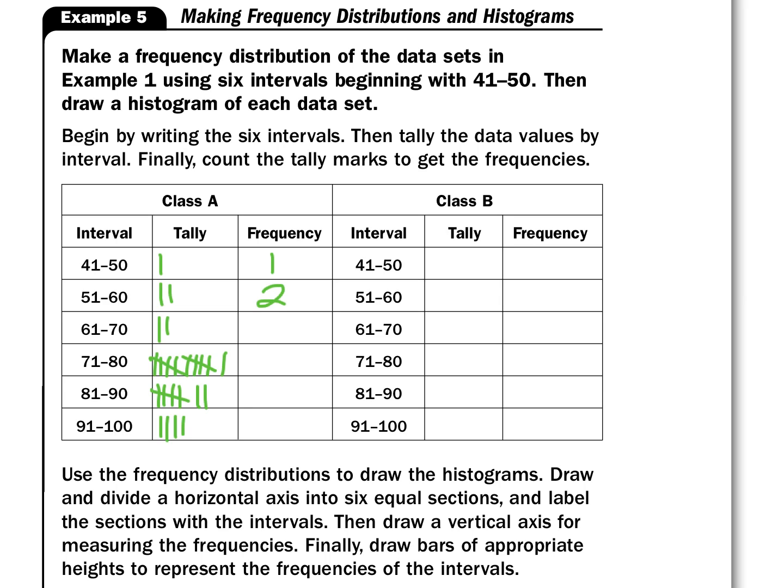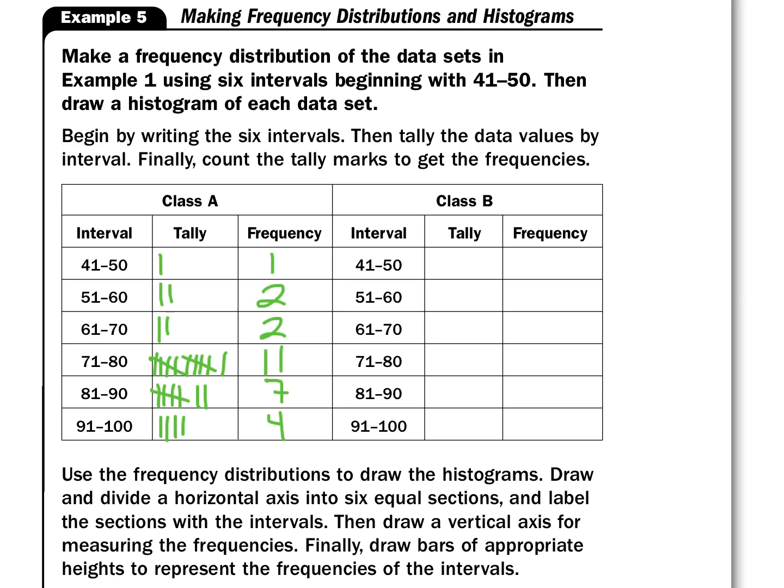So we add all those up: 1 plus 2 is 3, plus 2 is 5, plus 11 is 16, plus 7 is 23, plus 4 is 27. So we know we have the right amount.